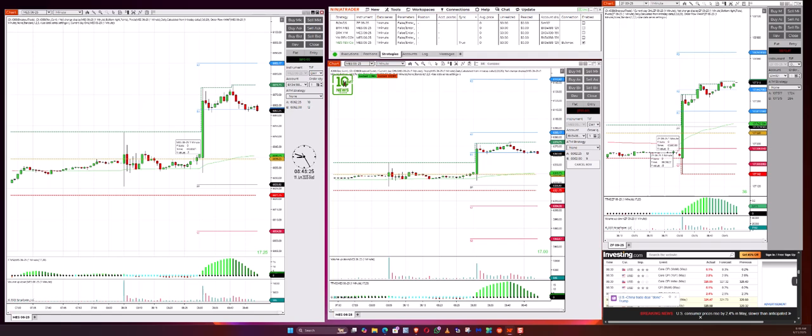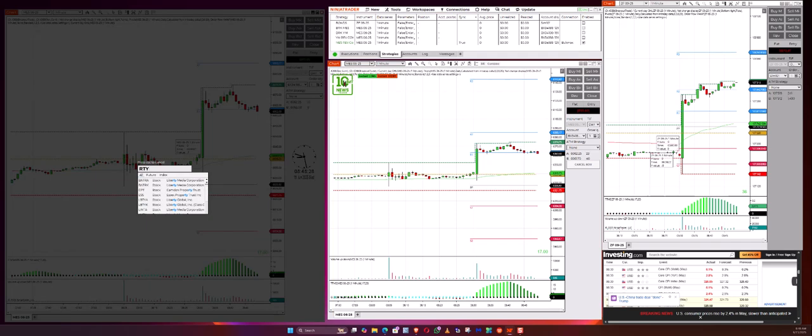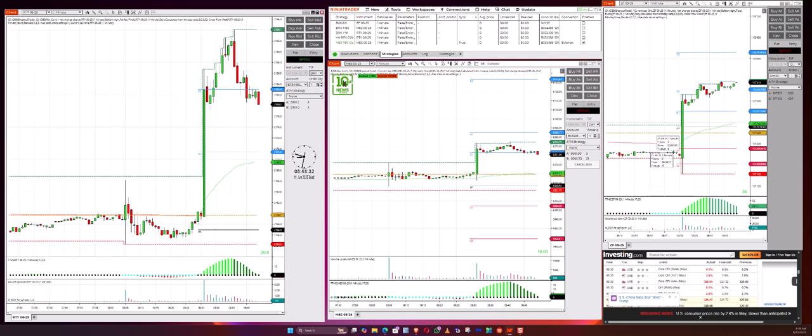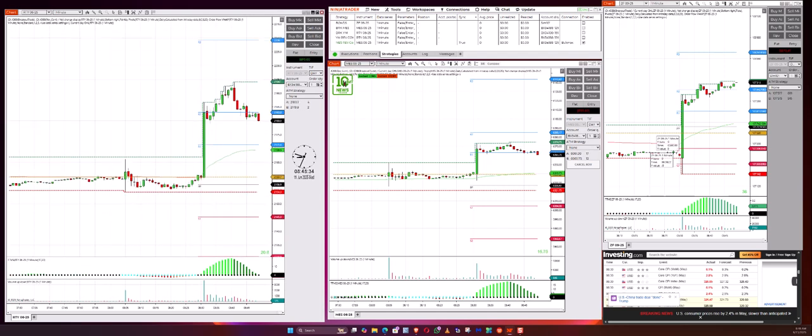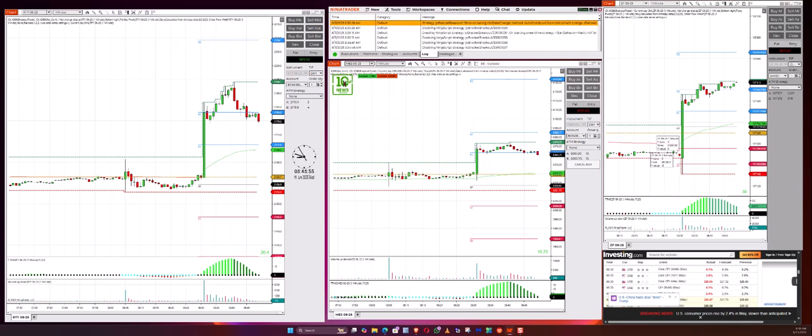So RTY, which we don't really look at a lot, looks like it had a pretty good move up also. So you could do the same kind of analysis. If executions is blank for whatever reason, it didn't trade. The other thing you could do is look in your log file. Are there any errors where, for whatever reason, you could see if the software turned off?